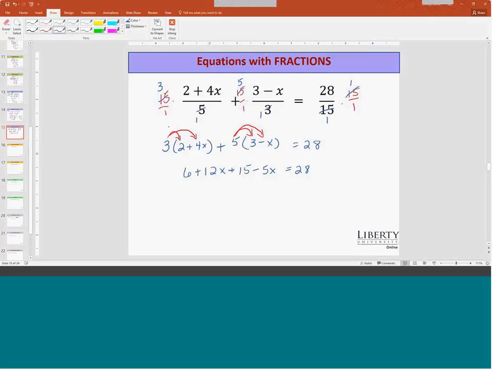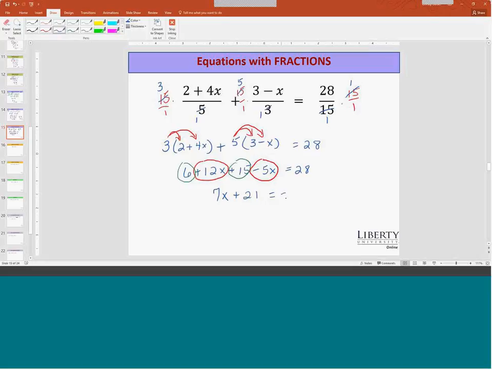Woo, a lot of work so far if you've gotten to this point. Now we just have to combine like terms. First, combine these x terms. 12x and minus 5x gives me 7x. Positive 6 and positive 15 gives me positive 21. I hope this works nicely.